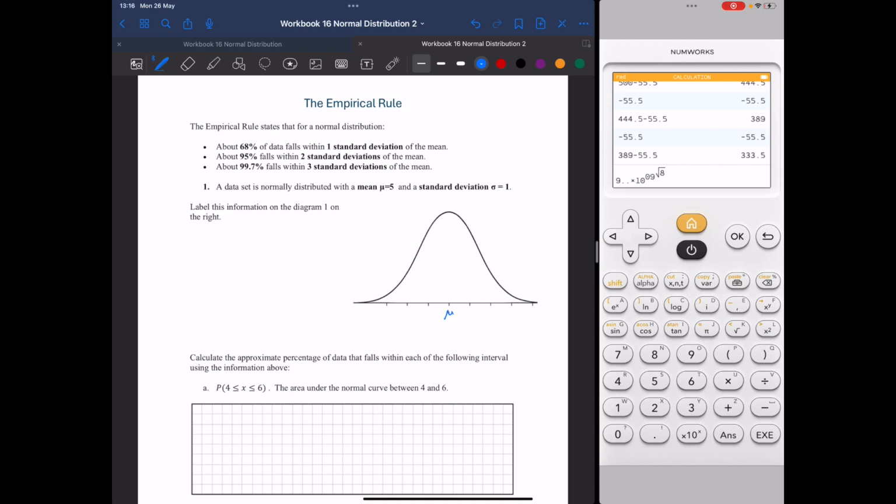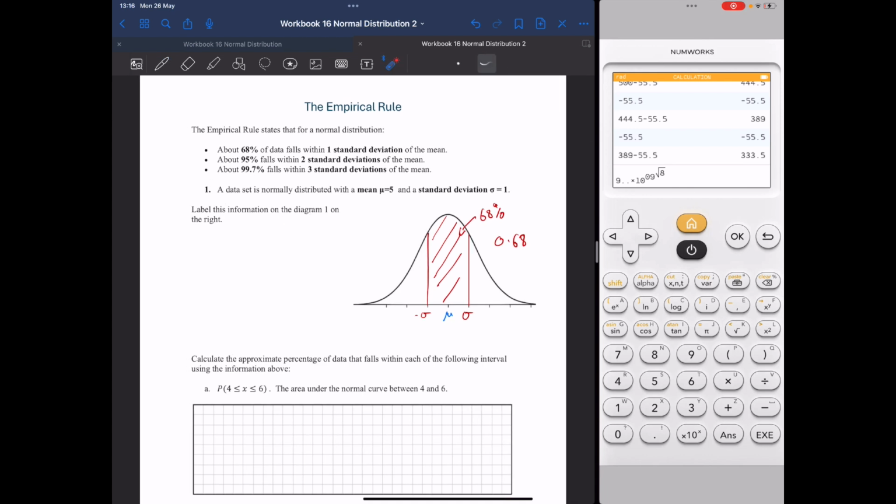And if we look at 1 standard deviation from the mean, which is here and here, that area in here, 1 standard deviation from the mean either side, minus plus, is going to be 68% or 0.68 as a probability. So 68% of a population will be in this category.